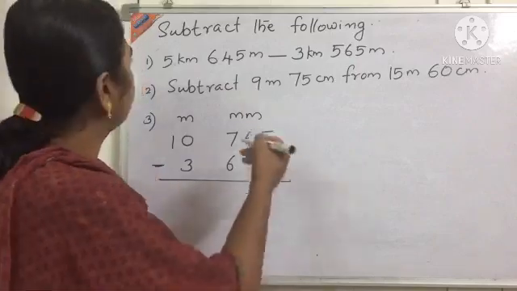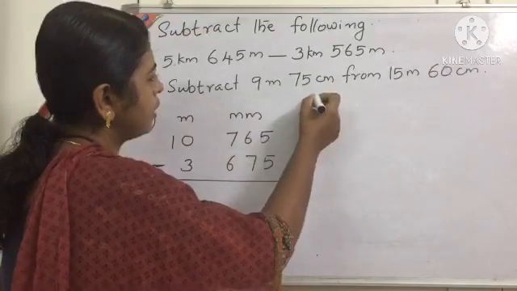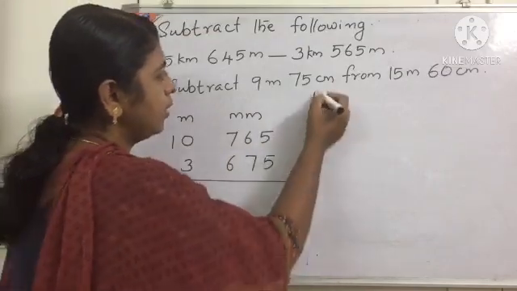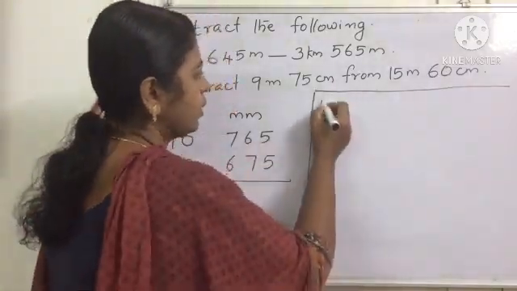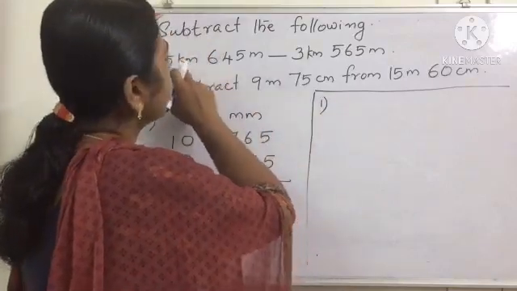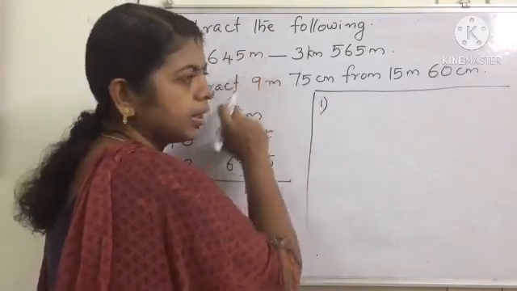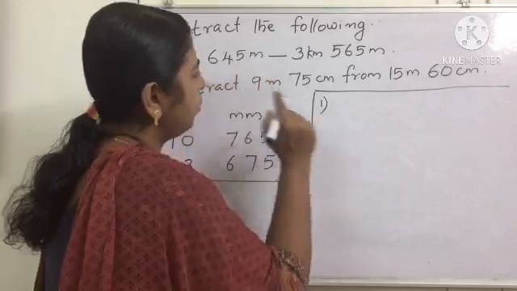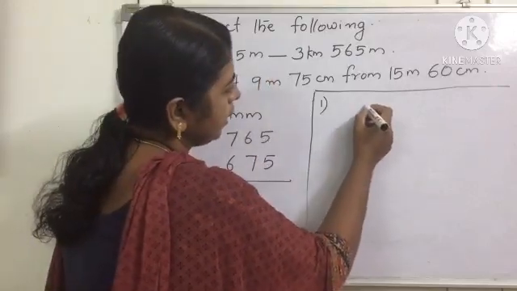Okay, first we can do the first question. In this, kilometer and meter are the units, so we can write them at the top.